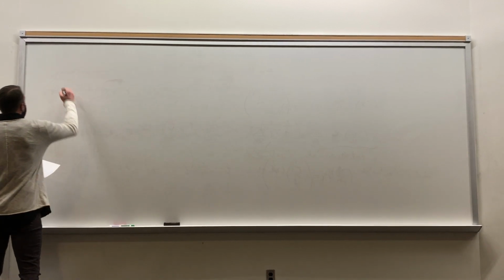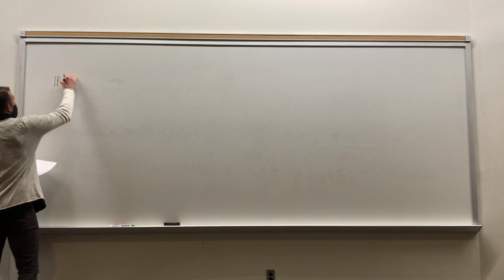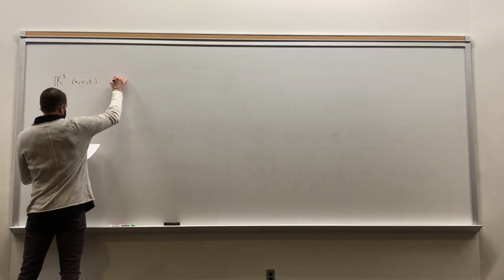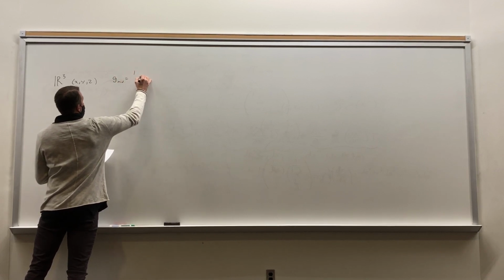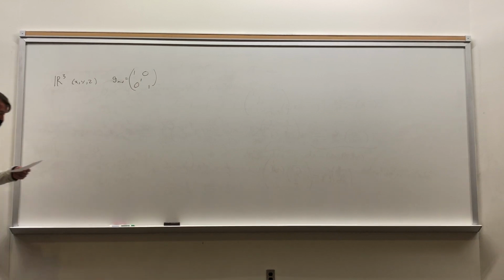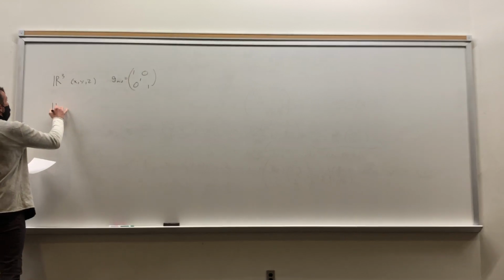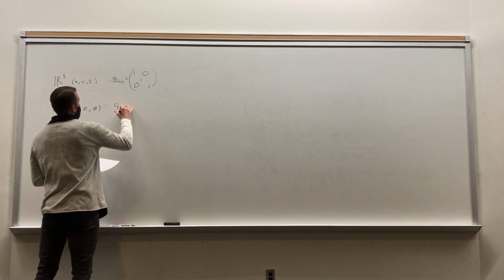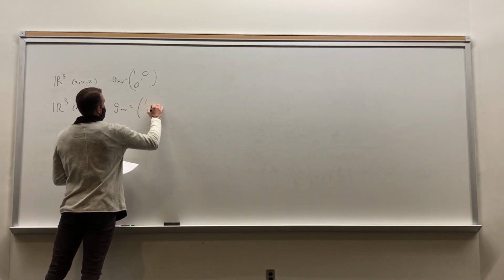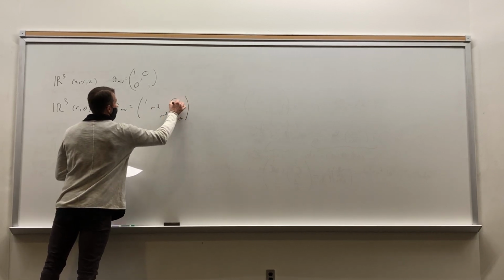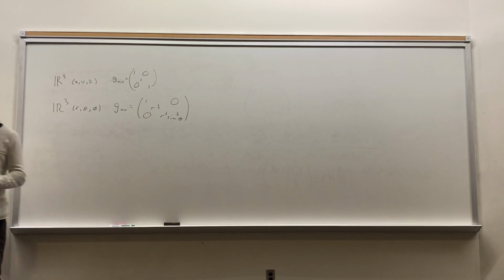So for example, in R3 with x, y, and z, the metric is, of course, the identity. Okay? In R3 with r, theta, phi, the metric takes this form.